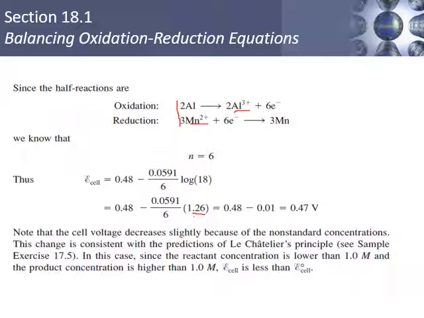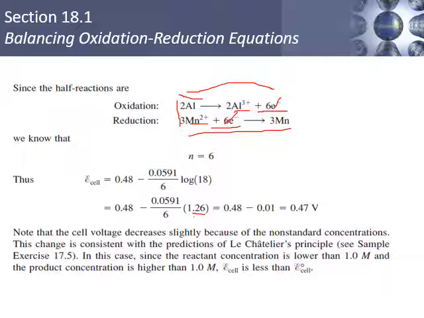So they had to multiply this whole top reaction by 2, and everything in this one by 3. They did that so that they get the same number of electrons here as here, so that they'll cancel each other out, which is what we need. But to do that, we had to multiply this one by 2 and this one by 3.